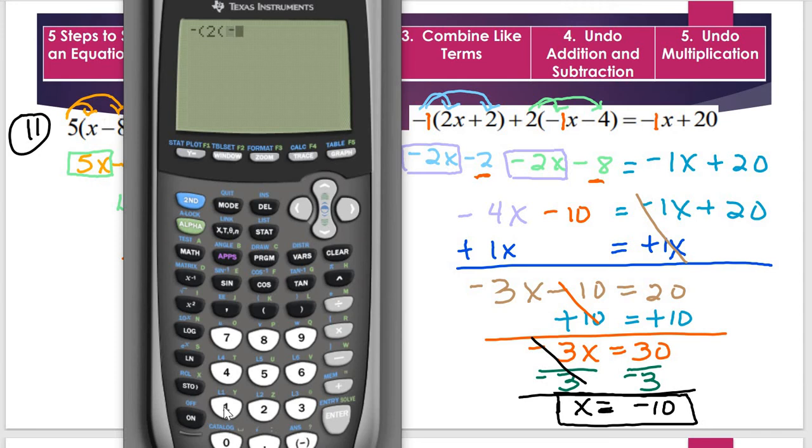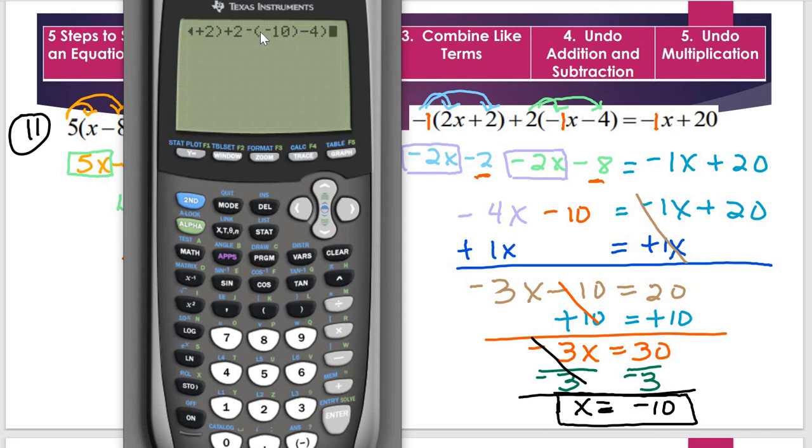Parentheses, -10 plus 2, plus 2 again. I'm right here. Negative, and then -10 minus 4, and yes, you have to use the parentheses again. So every parentheses has to have a partner.